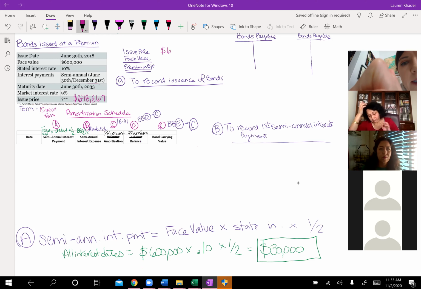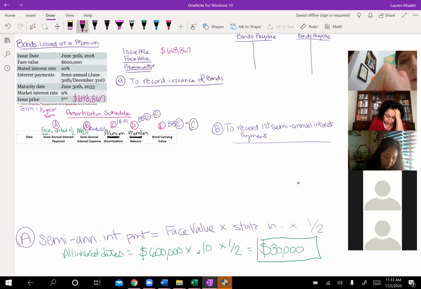Issue price is $648,867. Face value of the bonds is 600,000. We're trying to figure out the difference, which is our premium. Premium on bonds payable is 48,867. So those bondholders, in order to purchase the bonds, had to pay 48,867 above face value.